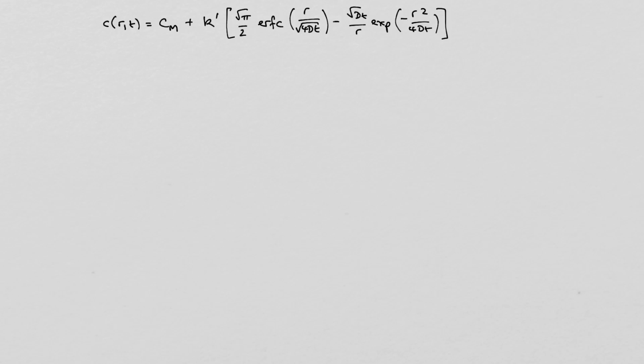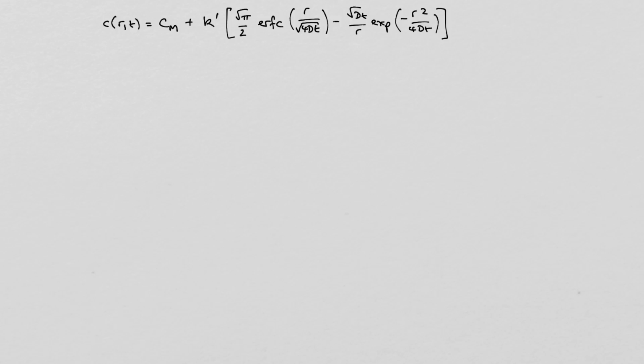We've done the same thing we did before with the error function in the planar case, where we've just switched it around for a complementary error function, so we can have Cm here. Here's the other term, which is the Gaussian term, divided by eta. So this is a form of solution that obeys the diffusion equation, has spherical symmetry, and obeys the requirement that at t is 0, or as r tends to infinity, you have this matrix composition.